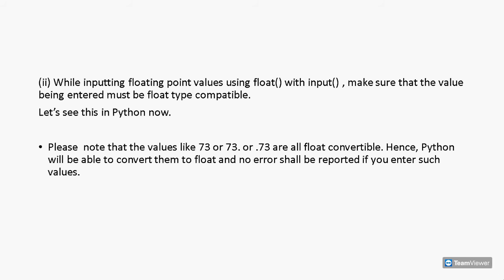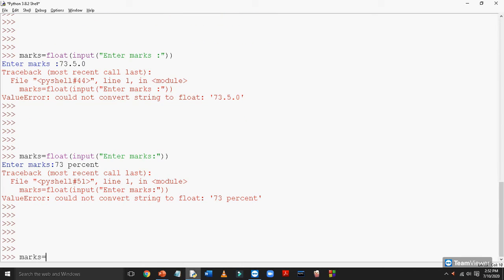Please note that values like 73 or 73. or 0.73 are all float convertible. Hence, Python will be able to convert them to float and no error shall be reported if you enter such values. Let's see this in Python again. marks = float(input()).